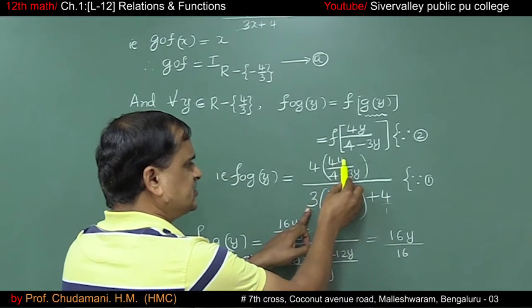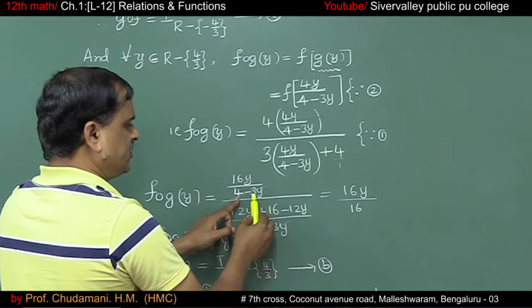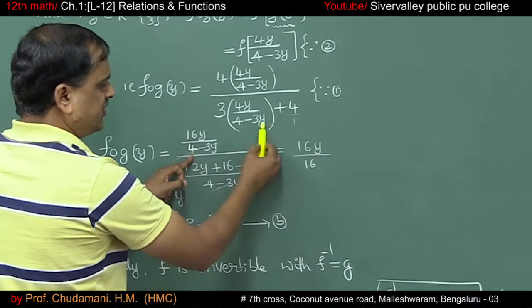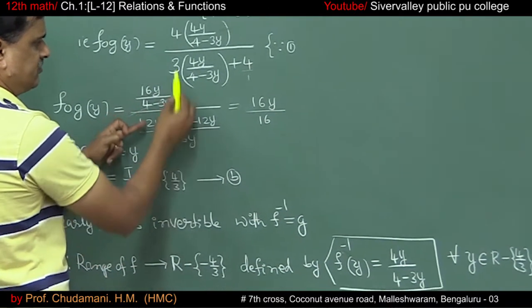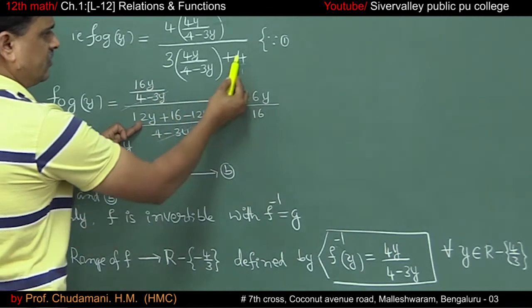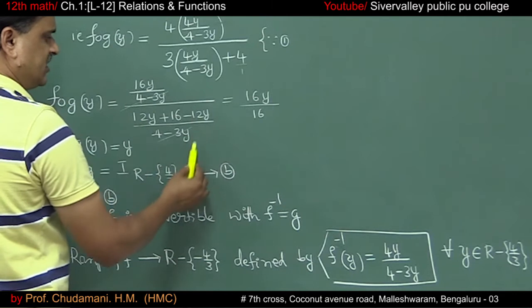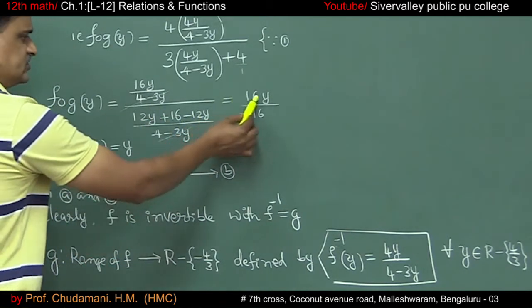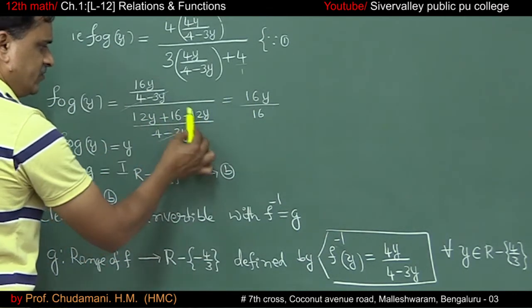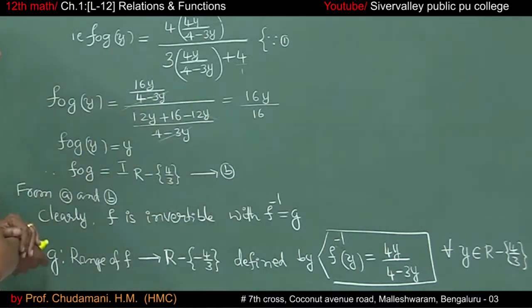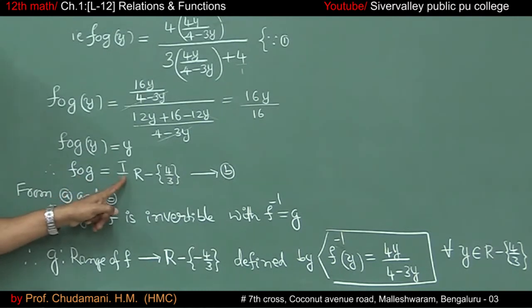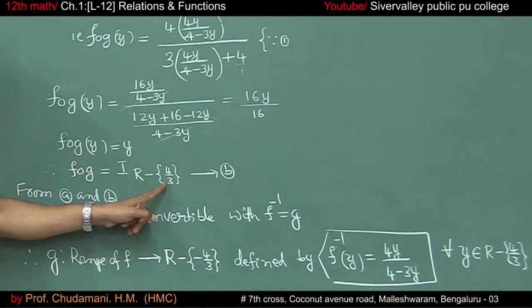4 into 4, 16y divided by 4 minus 3y, and in the denominator, 4 minus 3y LCM, 4 into 3, 12y, 4 into 4, 16, 4 into minus 3, minus 12y. So 16y, plus 12y minus 12y gets cancelled, 16. So fog of y is equal to y. Therefore, fog is the identity function on the set of real numbers except 4 by 3.